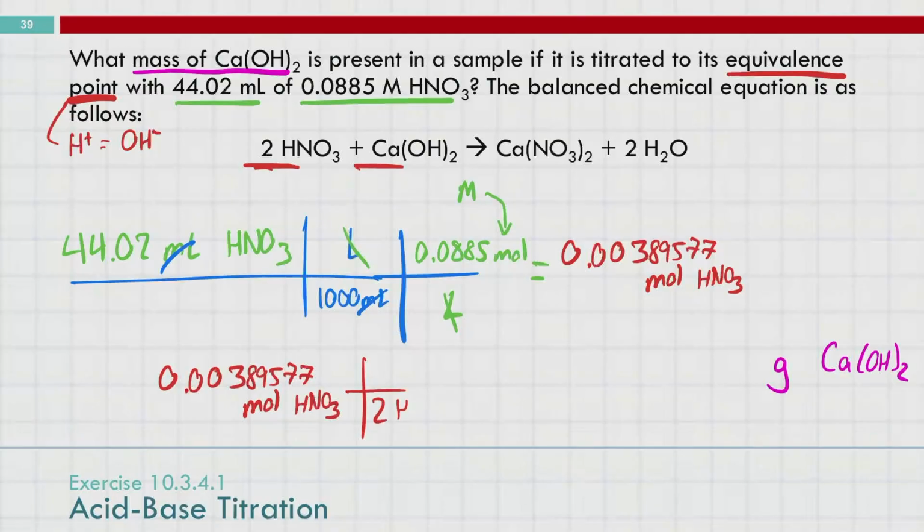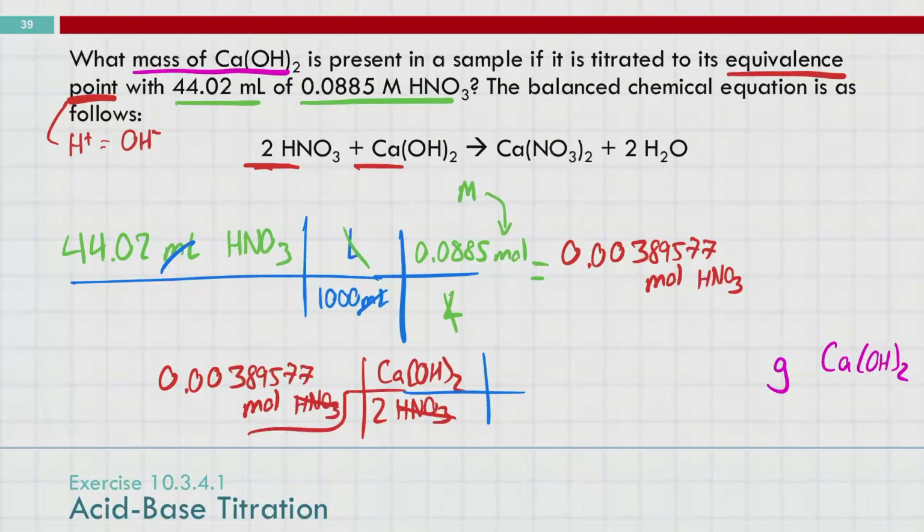We have HNO3. We're trying to go to calcium hydroxide. So we're going to divide by 2. And we would then have moles of calcium hydroxide. Moles calcium hydroxide. Those are the units that are left.